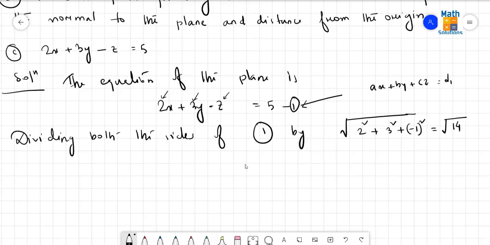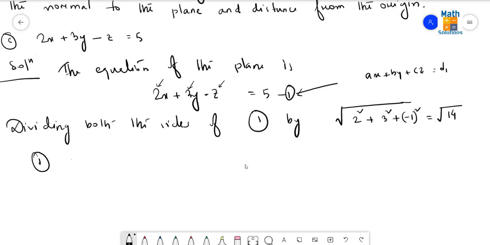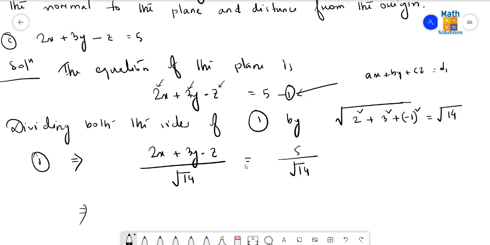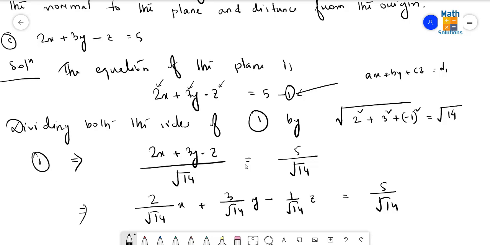So in 1 we shall get 2x + 3y - z divided by root 14, that is equal to 5 by root 14. This will imply 2 by root 14 x plus 3 by root 14 y minus 1 by root 14 z is equal to 5 by root 14.